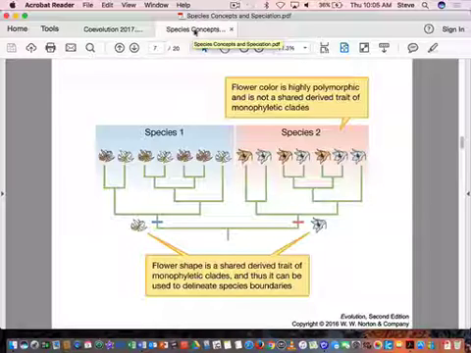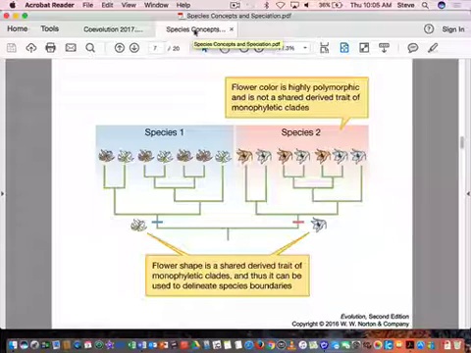So that's probably not the characteristic we would use to say that there's some trait that arose in the common ancestor in each one of these species, what we call the shared derived trait. What is it? What's similar? What do all these share in common versus being very different from over here? Shape, okay? So flower shape here, these flowers are all kind of the same shape. Flower shape is what we call a shared derived trait of this monophyletic clade.